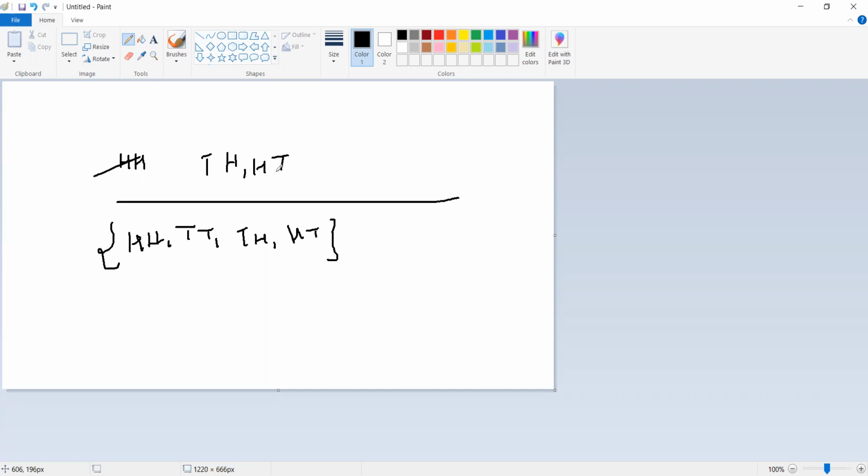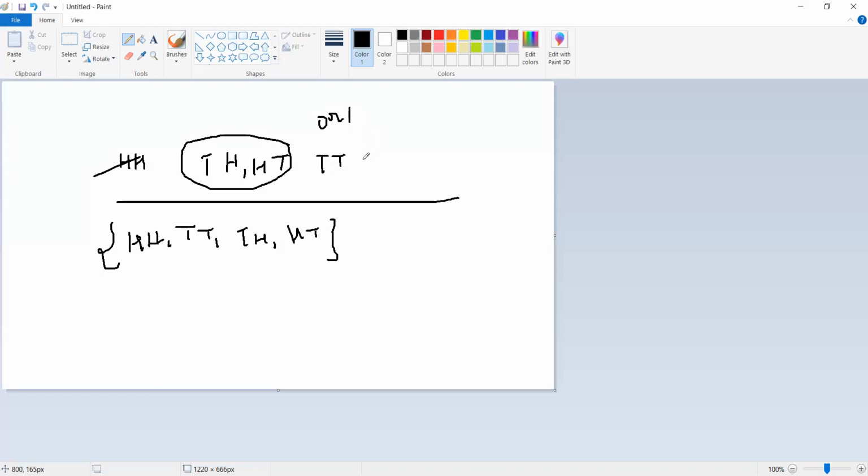So 2 by 4 or 1 by 2. If I say at most 1 head, that means it can be 0 head or 1 head. So if you talk about 0 head, it is tail tail.